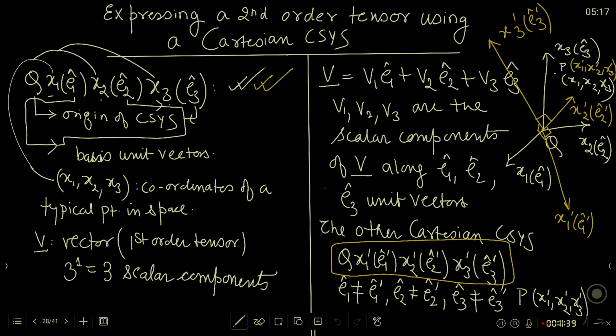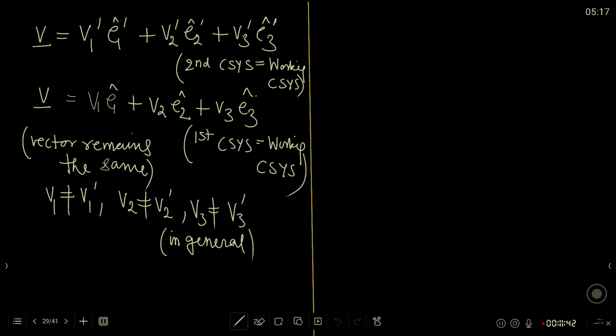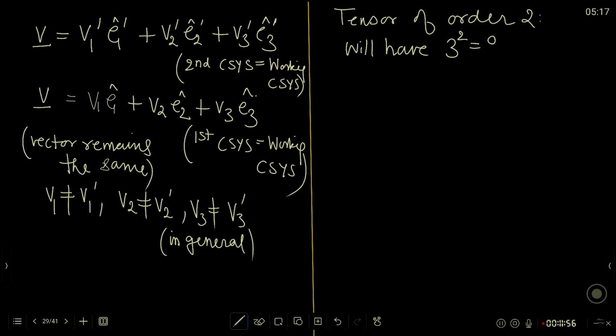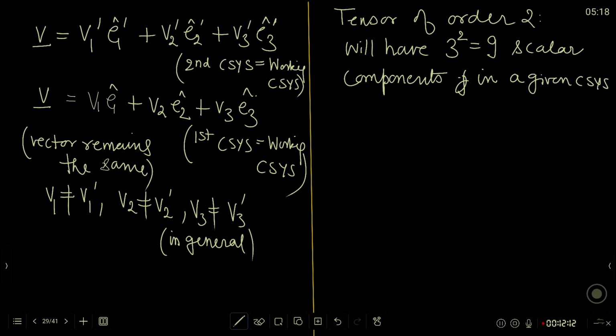Okay. Tensor of order 2 will have 3 raised to the power 2, which is 9 scalar components, in a given coordinate system. In another coordinate system, it will still have 9 components.